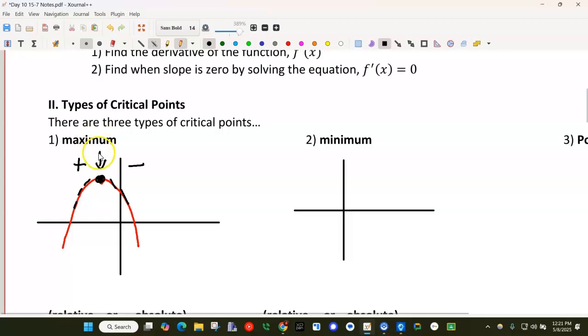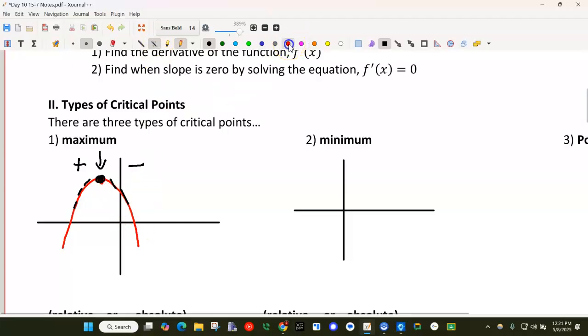So the questions in the book are going to say, describe the stationary values. That means, is it a min, is it a max, and so on. Okay? And then if we have something like this, it is called an absolute max, because it is the absolute largest value of f of x that there is for this graph.